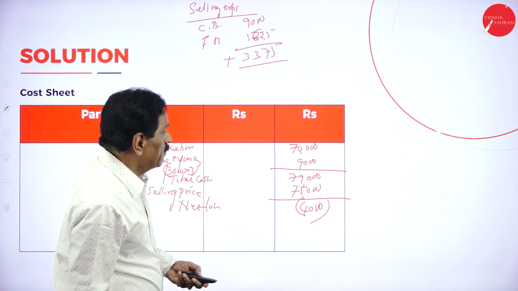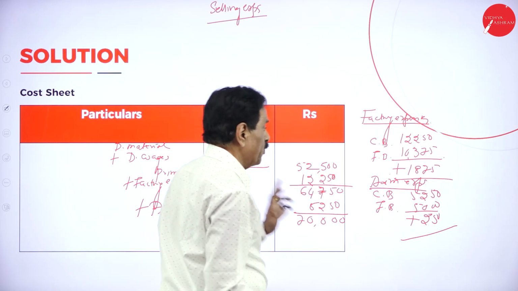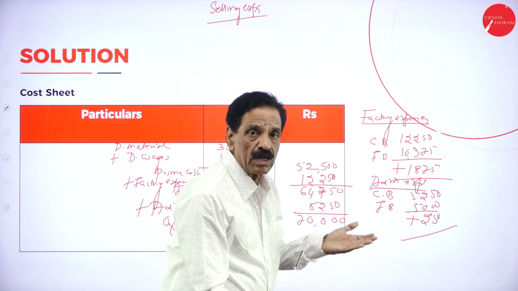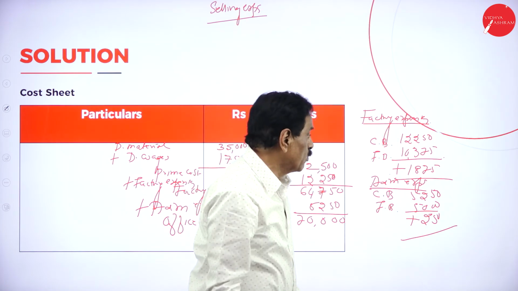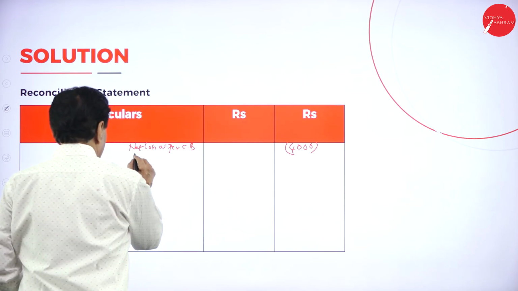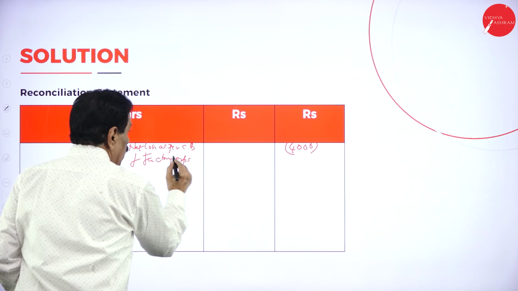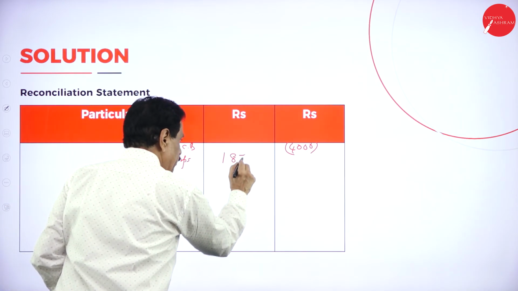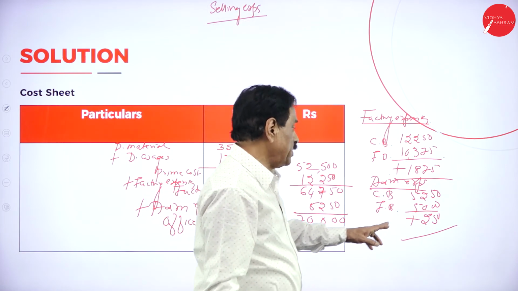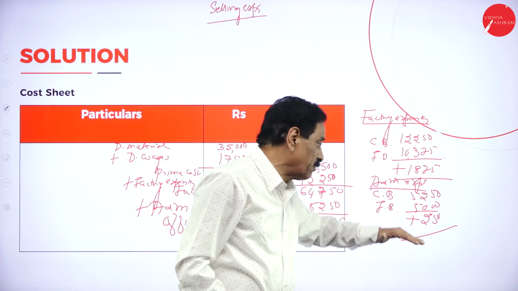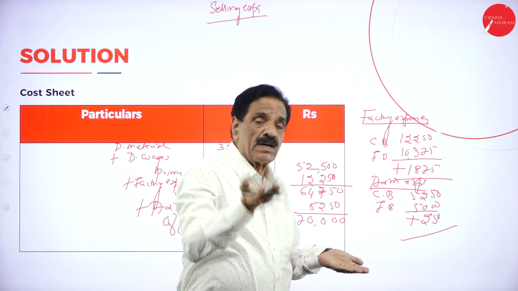We'll go one by one. Factory expense. Cost book charges how much? 12,250. Financial book has a low charge, more profit. High charge, less profit. To reconcile, add back 1,875 to factory expenses. One is over. Regarding administration also, cost book charges more, less profit; financial book low charge, more profit, to the extent of 250.